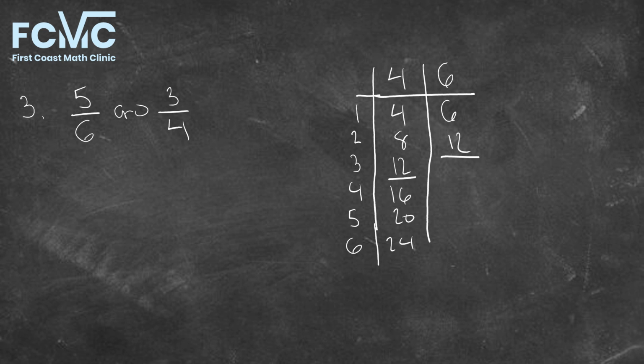So what are we multiplying 6 by to get 12? We're multiplying 6 times 2. What are we multiplying 4 by to get 12? We're multiplying 4 by 3. So let's rewrite our fractions with our common denominators. So let's take our 5/6. We know we're multiplying 6 times 2, so multiply by 2 over 2, and we'll get 10 over 12.